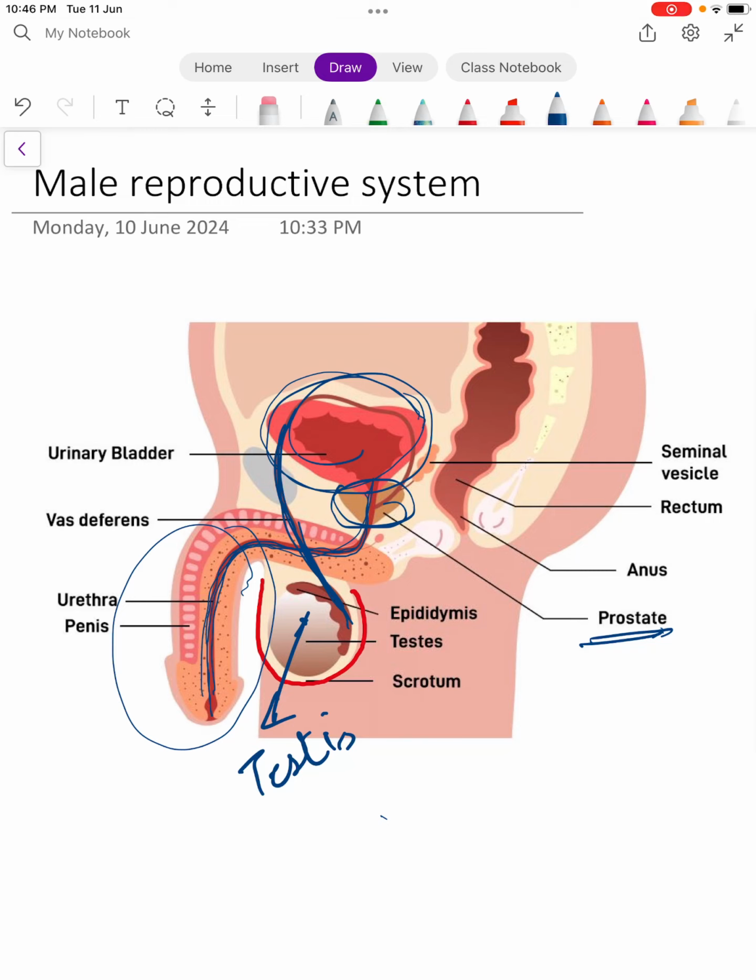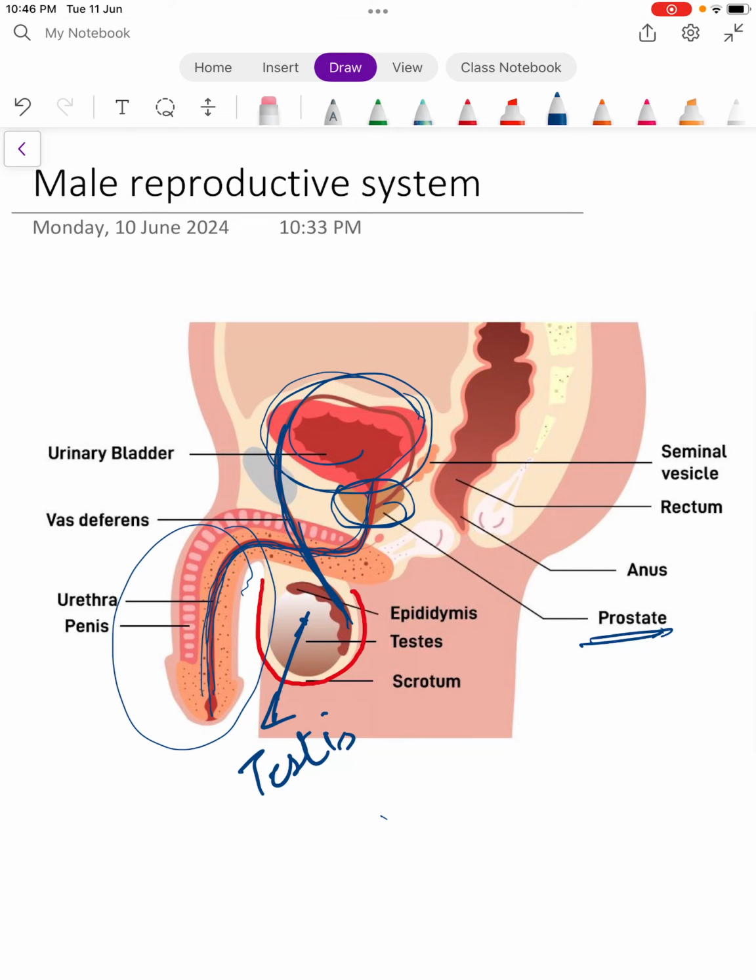So I am trying to explain the location of these organs. After that I will upload a three-dimensional model of the reproductive system, so you can better understand from this. Basically you have to understand the names and the locations of the organs in the male body.